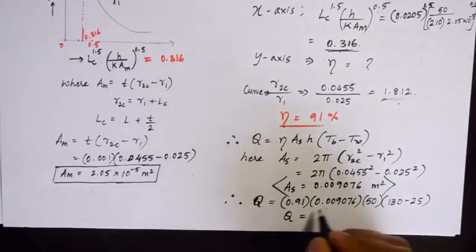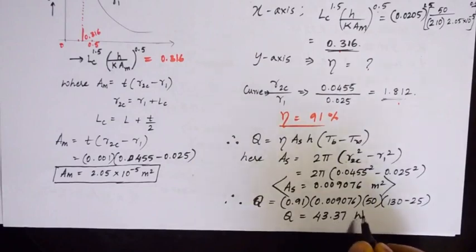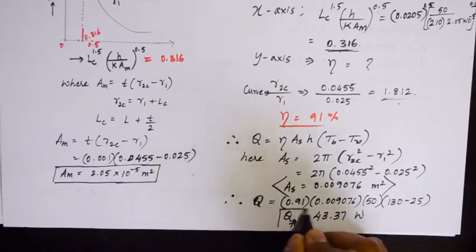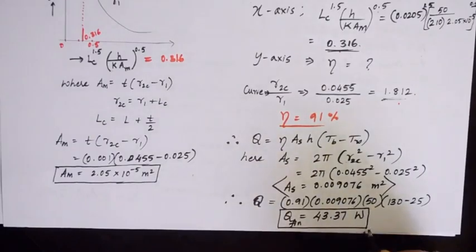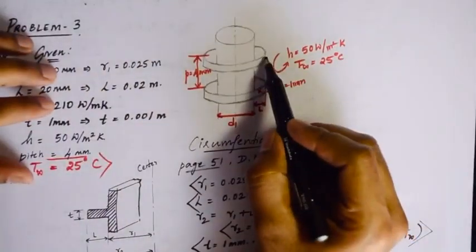So the amount of heat transferred is going to be 43.37 watts. This is the amount of heat transferred by a single fin. So now we have found out the heat transferred by the fin.